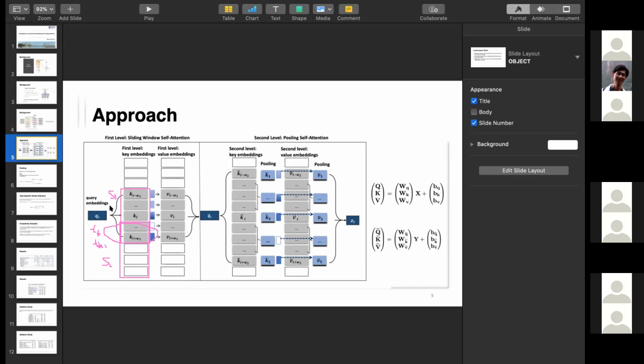For this same Q, we use the dot product with K from i minus w1 to K i plus w1 to get the attention score. That means this Q is derived from the whole window, the tokens from the whole window. And then how do they calculate the self-attention?